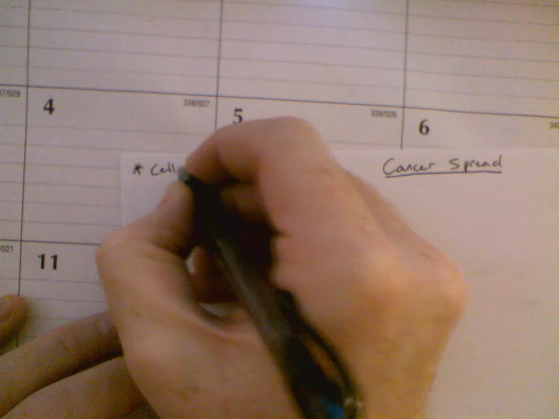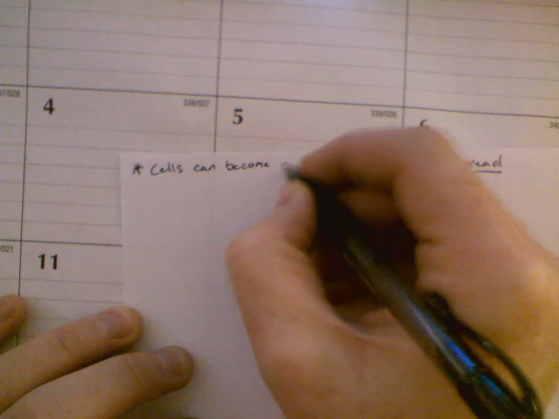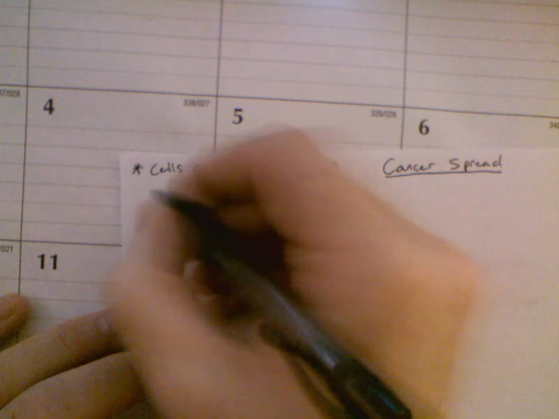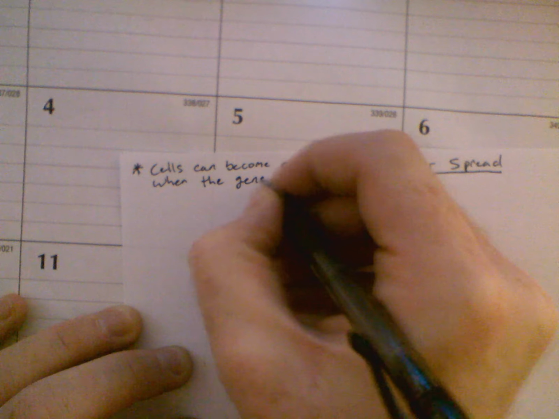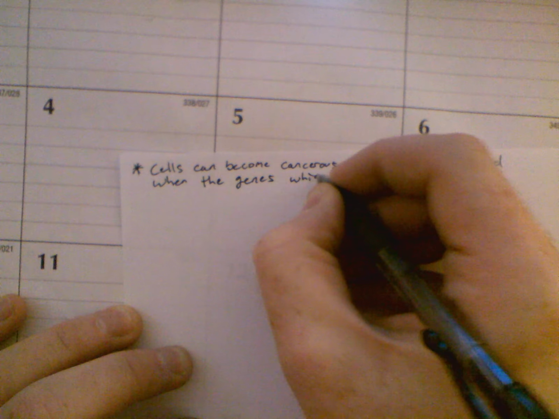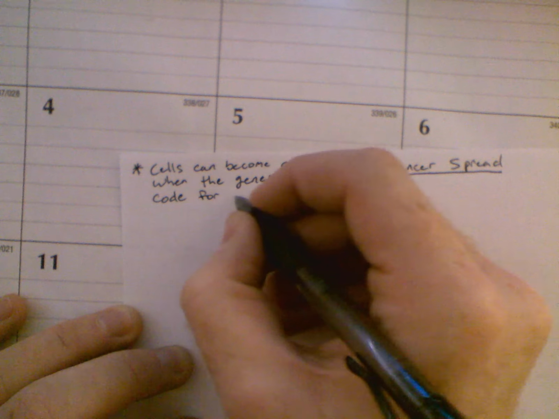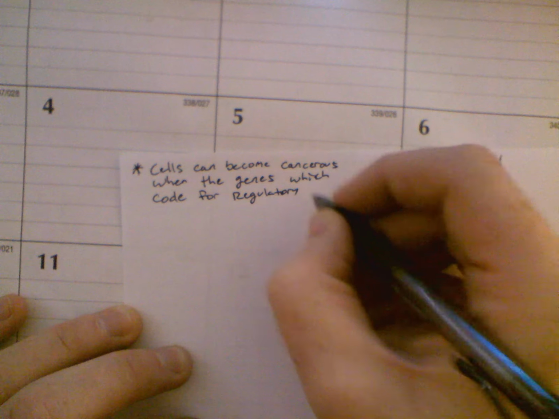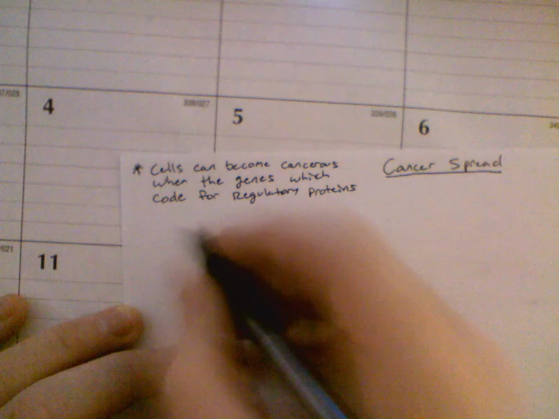But we are going to go with cells can become cancerous when the genes which code for regulatory proteins become mutated.